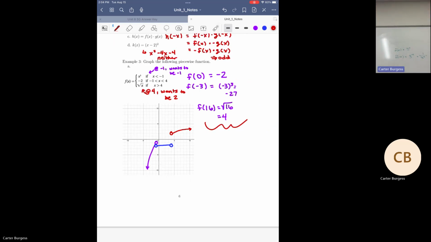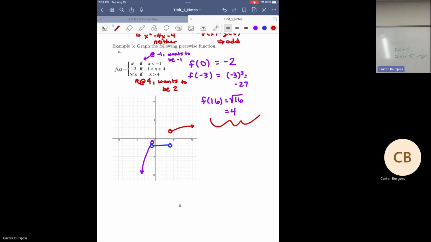Okay. So from the survey, the two big things that people wanted to go over from what we've gone over before were domain and range practice, hence the bell work, and also number 108 from section 1.2.